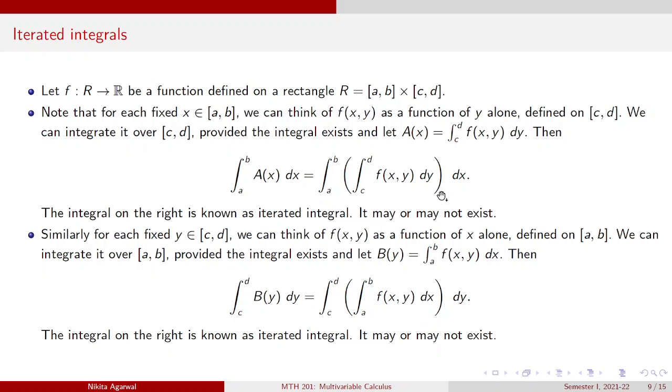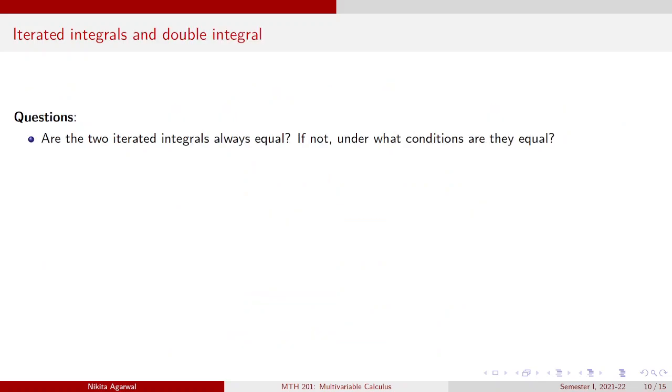In one case, you first integrate over y, then with respect to x. In the second one, you integrate first with respect to x and second with respect to y. And of course, these may or may not exist. So what are the questions at hand? First question is, are the two iterated integrals always equal?